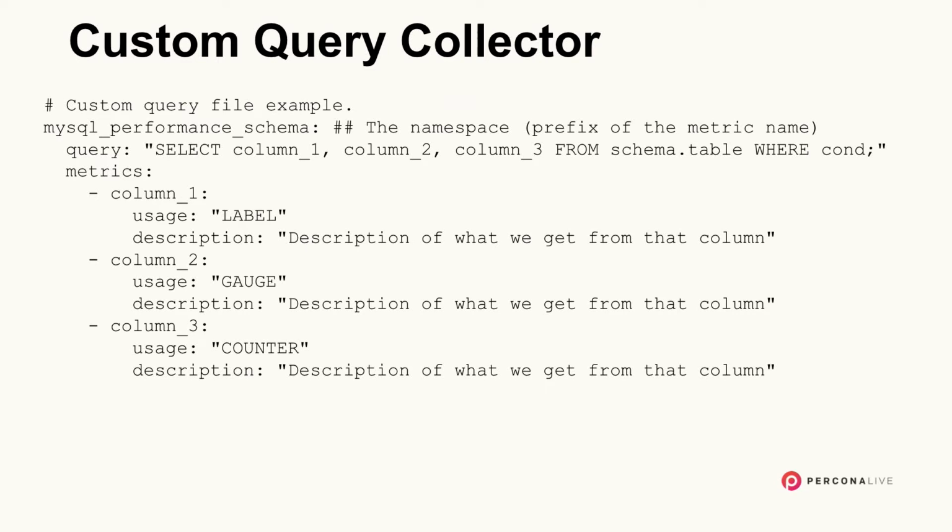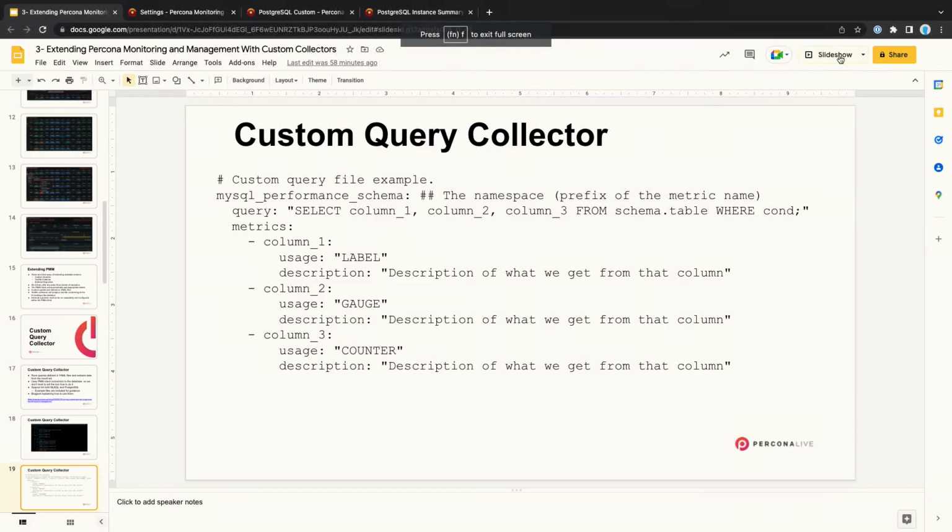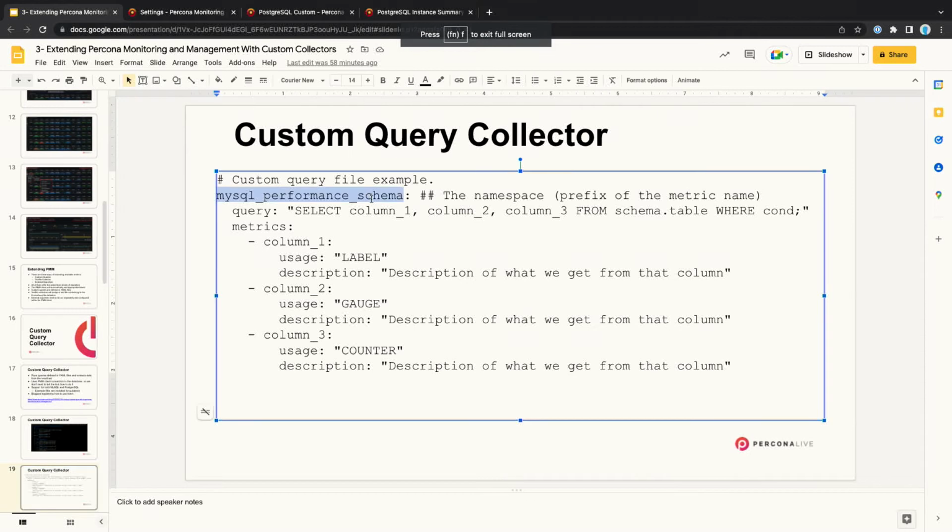So, for example, for the second line, if I want to do that in Postgres, it will be replaced with Postgres, for example, pgstat statements. Actually, this may not be the best example here. This can be anything you want, this is just a string. Can it be a custom table name in your database?